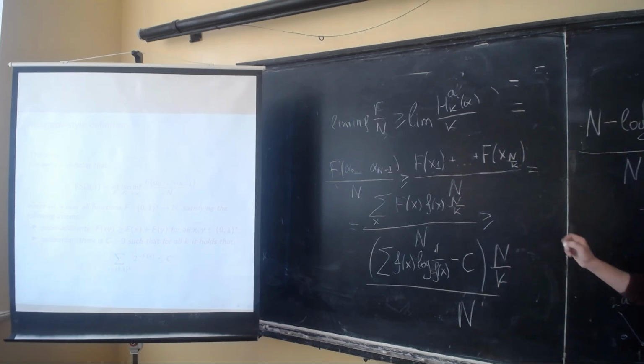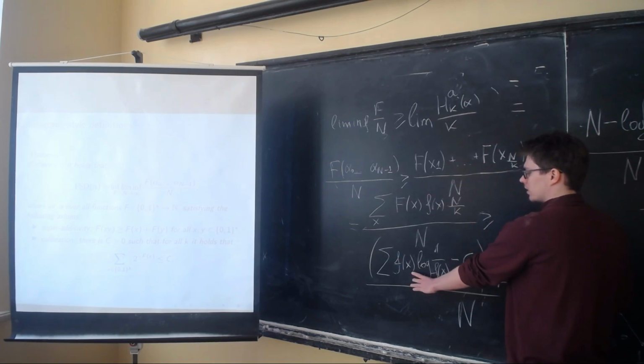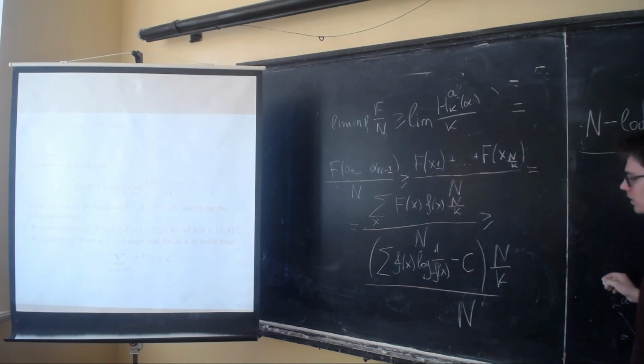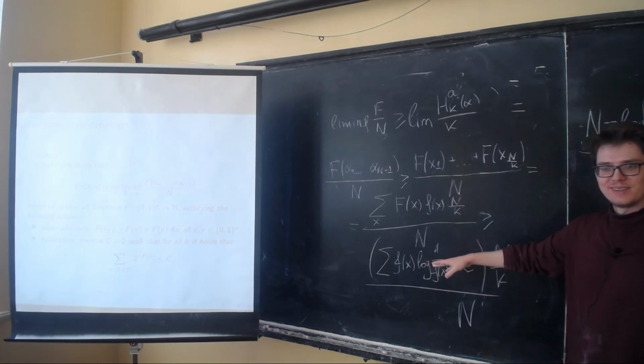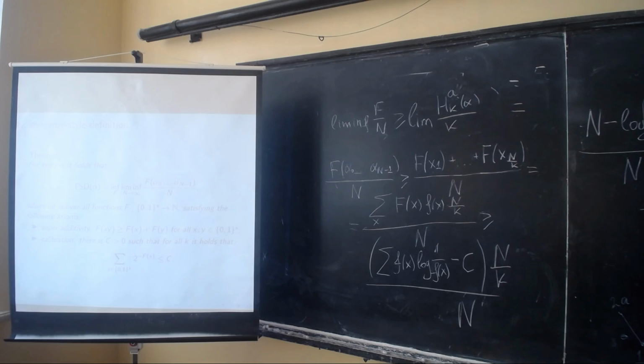So what have I done? I claim that this thing is at least this thing. Why is that? Because of the log sum inequality, the Gibbs inequality. Maybe everybody sees why, and I should not explain. Stop me if I'm explaining too much.